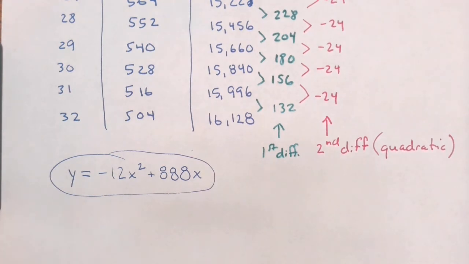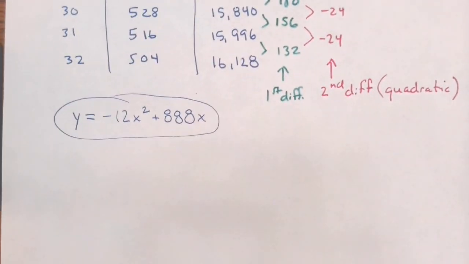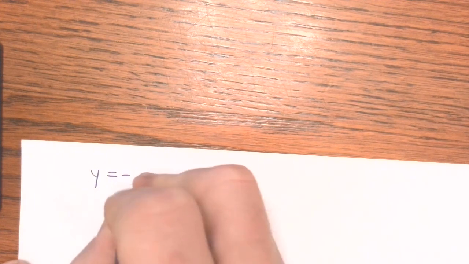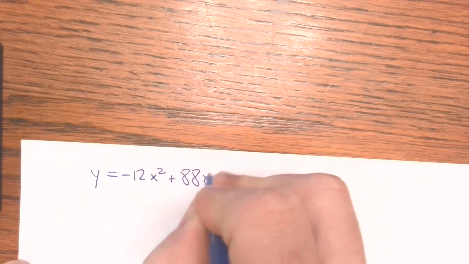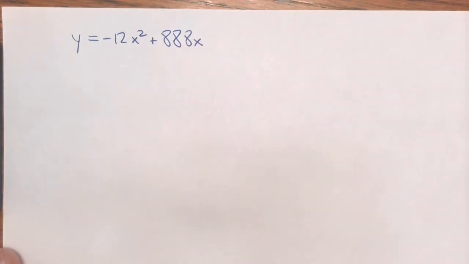When you go through and you take a look at this equation, we're going to end up with a certain kind of a graph. Let me get a new piece of paper here. I'll copy that equation down once again. So there's our equation.